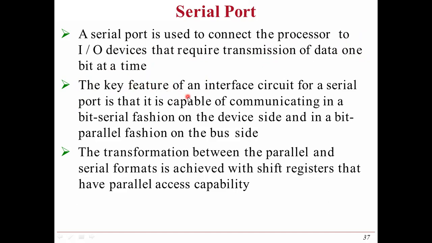The key feature of an interface circuit for a serial port is that it is capable of communicating in a bit serial fashion on the device side and a bit parallel fashion on the bus side.